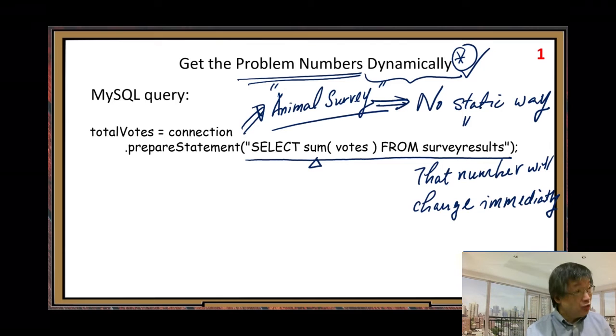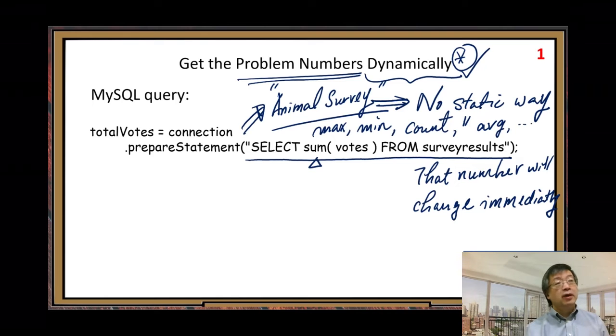Sum is one, max, min, minimum, and count, and average. There are many aggregate functions. The sum, you know the meaning: adding up all the vote numbers. That's what we need in that animal survey example.